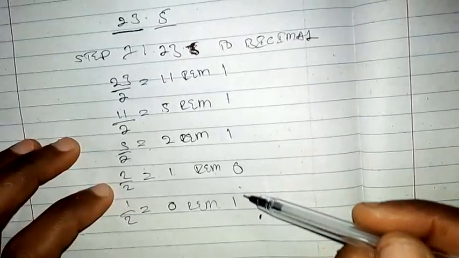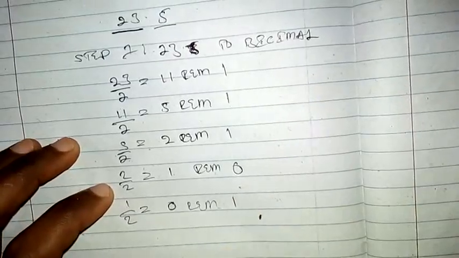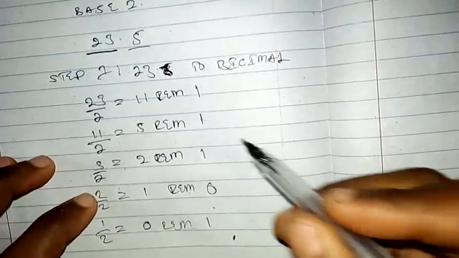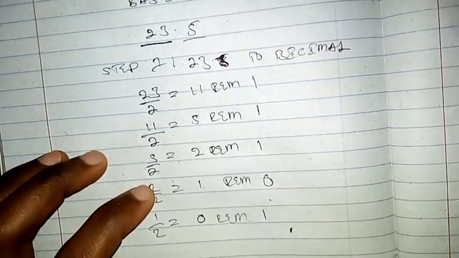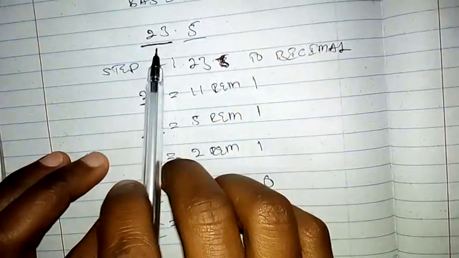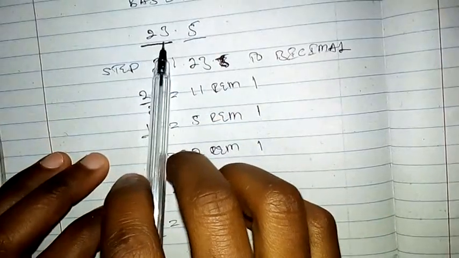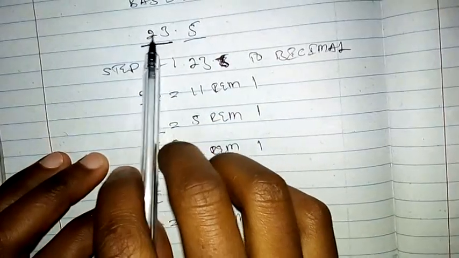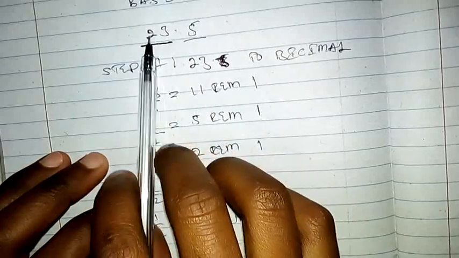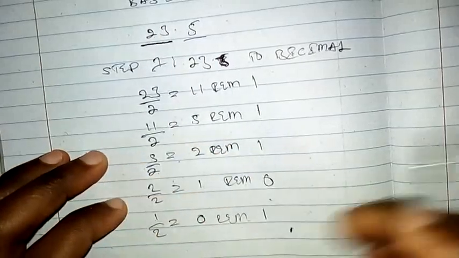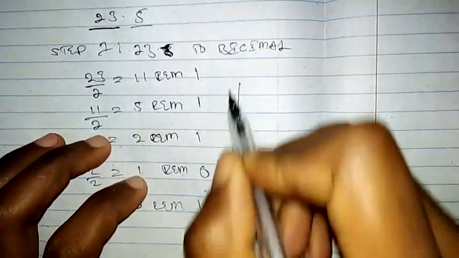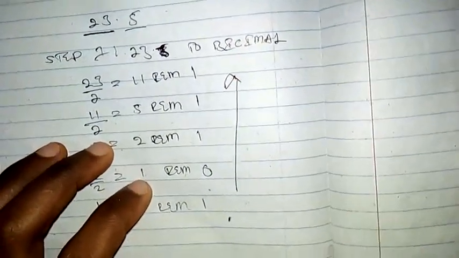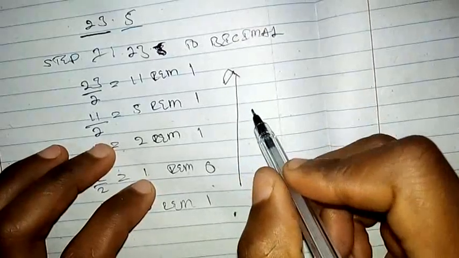Now to interpret our answers, these remainders here at your right side are the answers. I need you to be very careful when you're converting the whole number parts. We read our numbers from bottom to the top, as indicated by this horrible looking arrow.